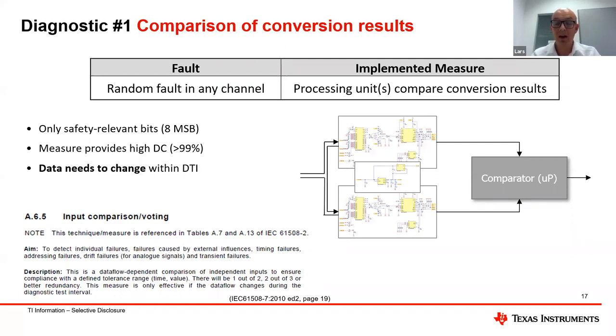So you don't know anything about the vitality of your system. And that's why we need to change data within the diagnostic test interval. But as we do additional tests, you can see later, we will definitely change the inputs and outputs. So this is already given by our diagnostics.